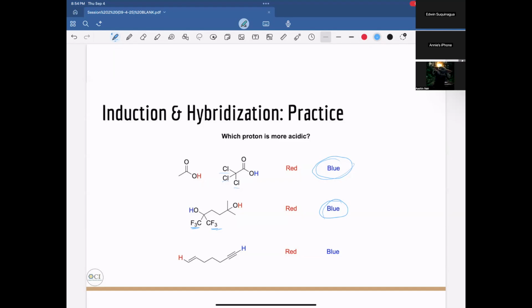Also blue. And this one is again that we have SP on our triple bond, whereas we have SP2 over with our double bond. So if we have SP hybridization, that's more S character, our electrons are closer to our nucleus, and then it's more stable, so more acidic.